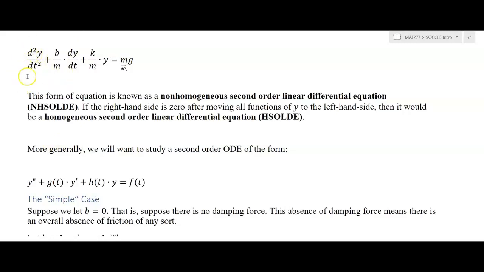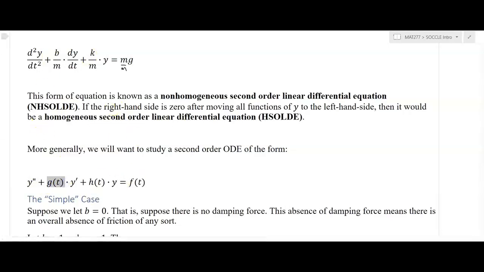Now, if you look at this and write the second derivative as y double prime, you can see that these are constant coefficients right now. The damping force, the mass, and the spring constant are all fixed in that situation. They're not functions of time. But in general, if we go beyond just the spring mass system, we may want to study situations in which this coefficient is not a constant, but some function of time.